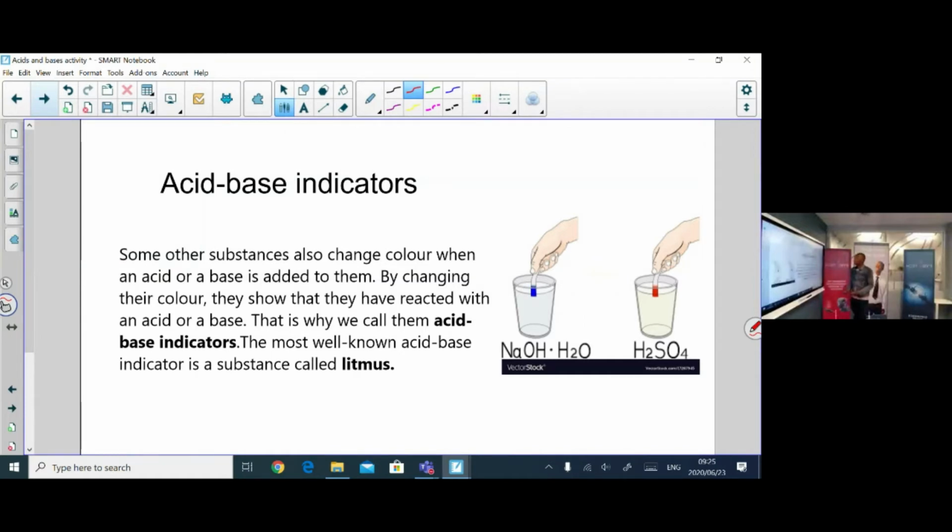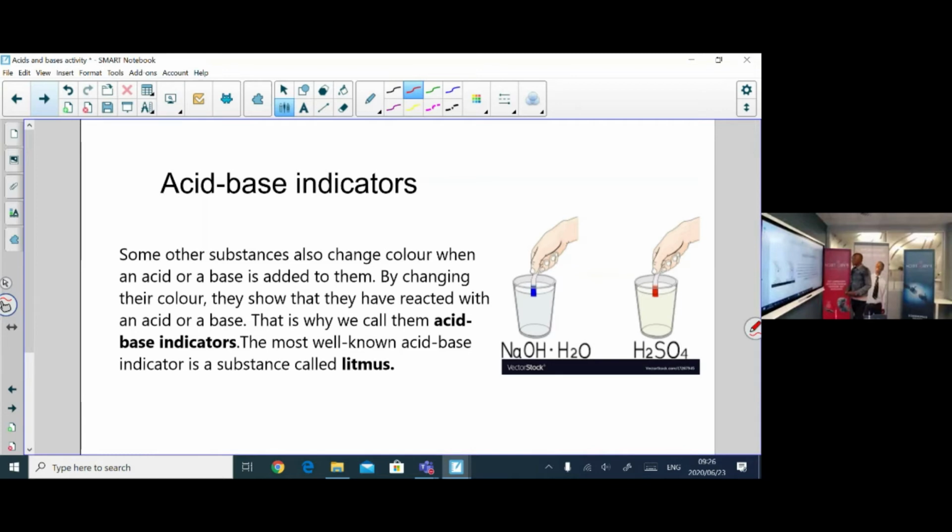Some other substances also change color when an acid or a base is added to them. By changing their color, they show that they have reacted with an acid or a base. So we call these acid-base indicators because upon reacting with the substance, they will change color and identify what it is.